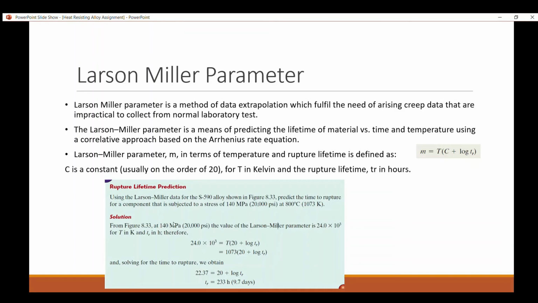We also know the temperature in K as well as C from the question, and thus we just substitute the values in the Arrhenius rate equation, or the Larson-Miller parameter, and we get the time for rupture of this S590 alloy.